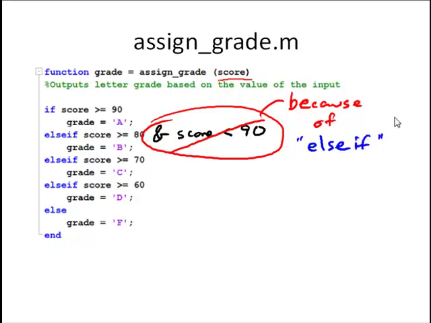This command won't even execute if the score is greater than or equal to 90. So we've already established that this condition is true. So we only have to figure out if it's greater than or equal to 80 before we assign the B, and so on down below.